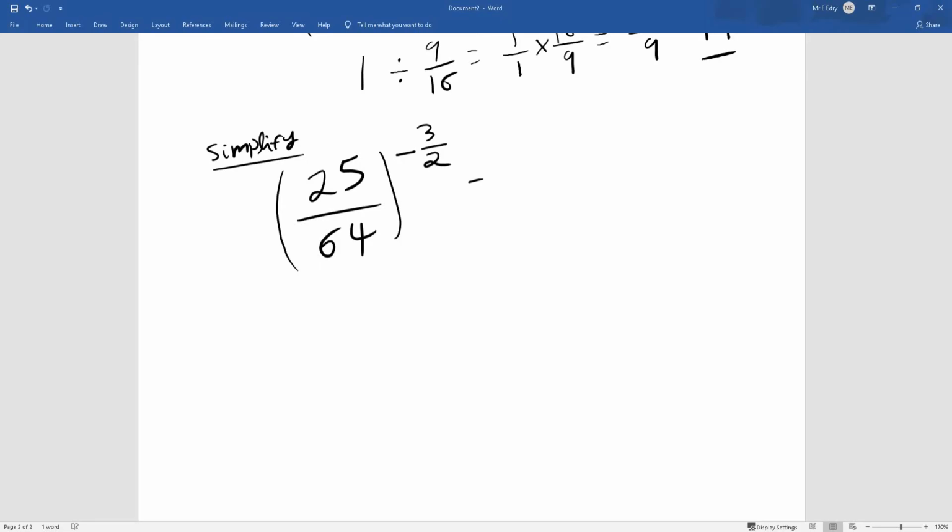Okay, so this is what we would do. We're going to have the minus power, meaning 1 over.